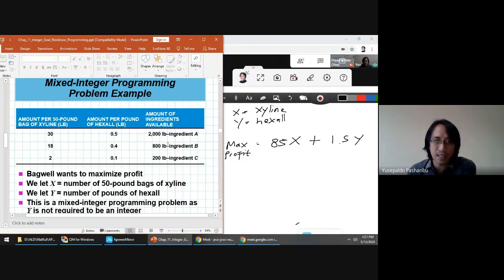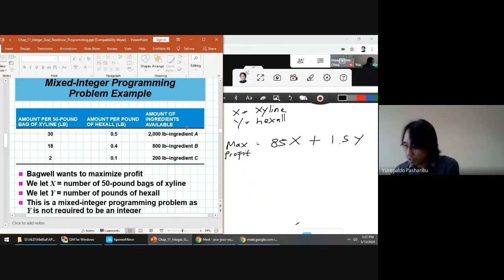This is the constraint for ingredients A, B, and C. Before we create this equation, let's see the last column: amount of ingredient available. Availability is the keyword. That means 2000 for ingredient A is the maximum number available, the highest number that we can use.